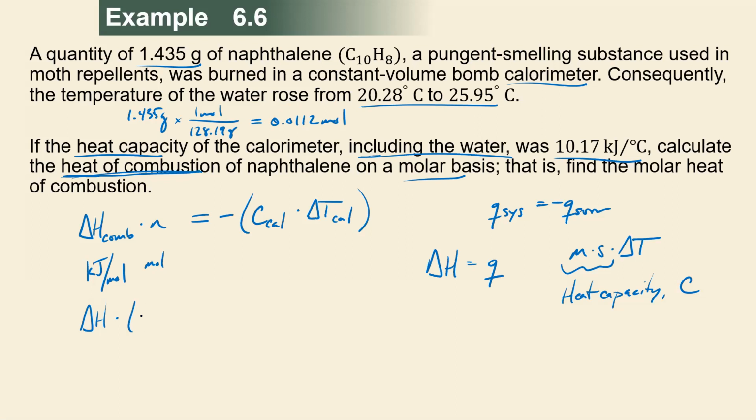So delta H times 0.0112 moles equals negative 10.17 kilojoules per degree C. And we have a temperature change of 25.95 minus 20.28, 5.67 degrees C.